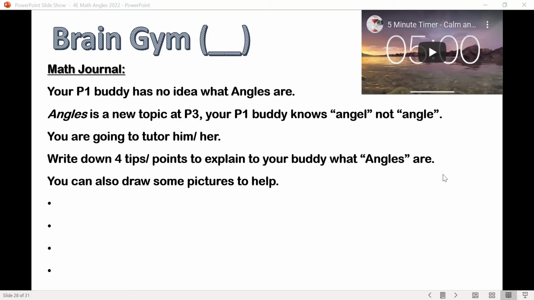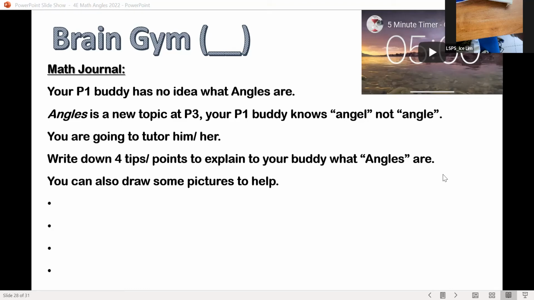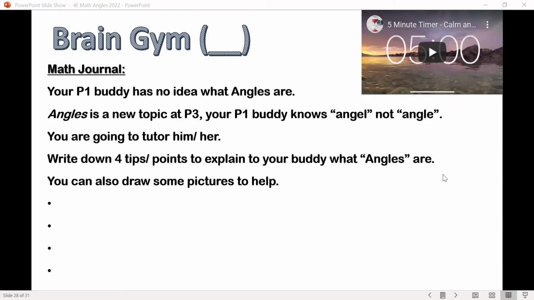That's what they probably know, angel, not angle. You are going to tutor him or her. On a blank page in your math journal, write down 4 tips or 4 points to explain to your P1 buddy what angles are. You can also draw some pictures to help. We have 5 minutes. Starts now.